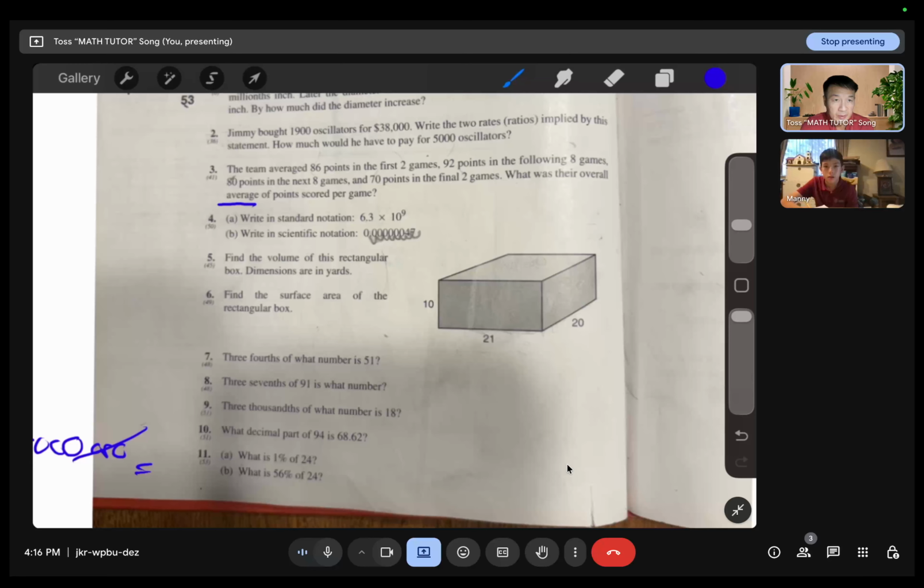Is that what you're saying? Like average them. Okay, but there's a little more to it, right? How would you do it then? Yeah, you're gonna average, but how would you do it correctly? So you're saying you want me to add those numbers, the points, the 86, 92, 80, 70, and then?